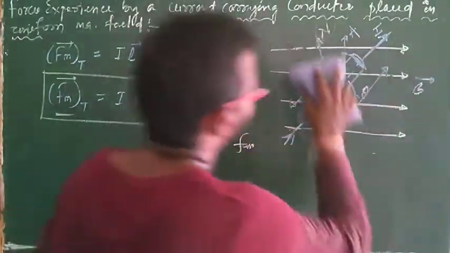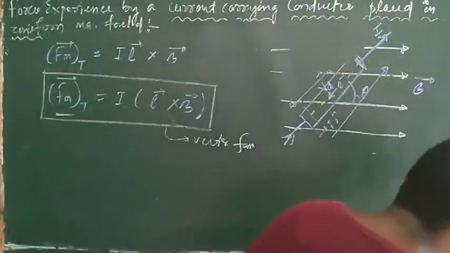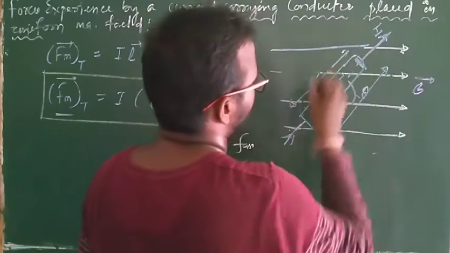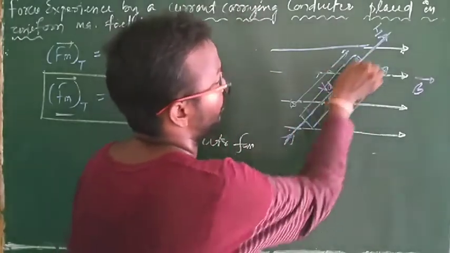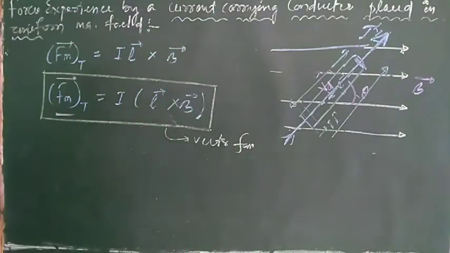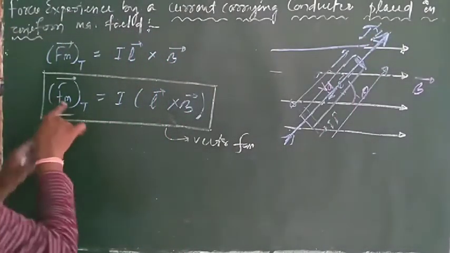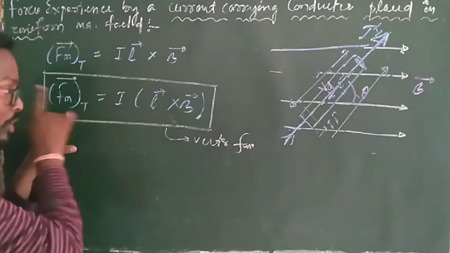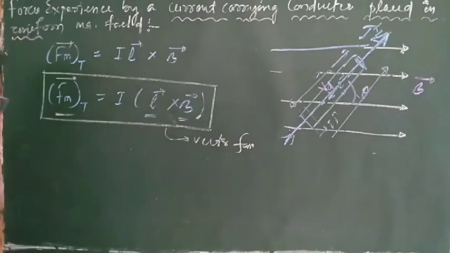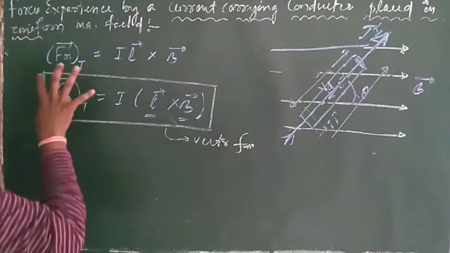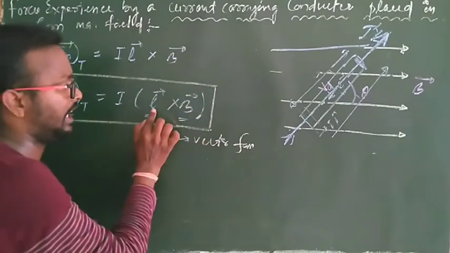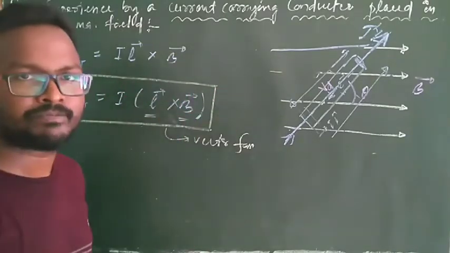Look at the diagram. This is the direction of uniform magnetic field B, and this is the direction of flow of current I. Clear? Now look at this relation. What is Fm? Fm is the vector which is always perpendicular to L and B, that is, perpendicular to the plane containing L vector and B vector.